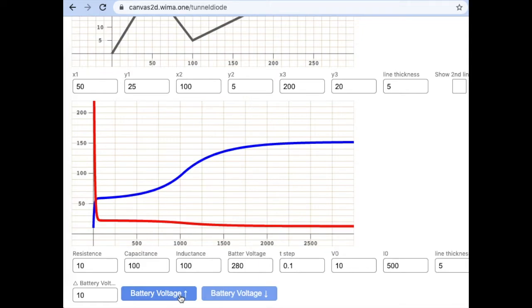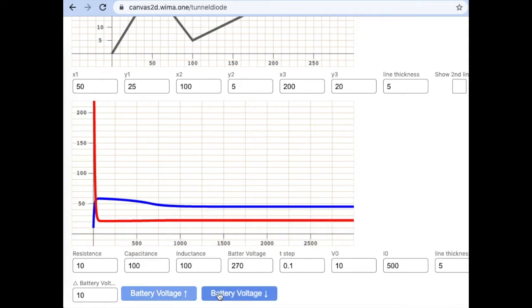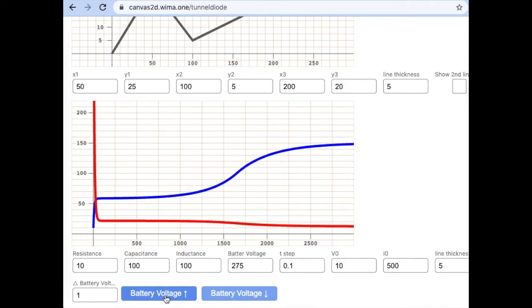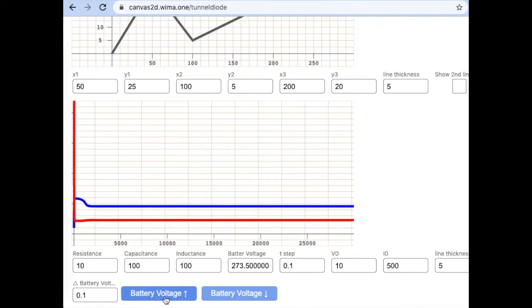This is the behavior that I want you to see. So let's increase the battery voltage by 1 at a time. We still see this sudden jump.